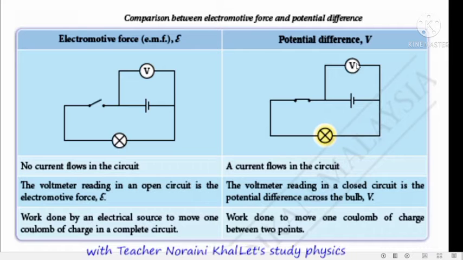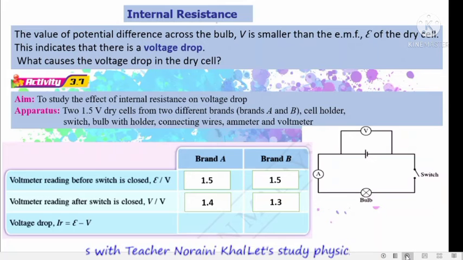Potential difference is the work done to move 1 coulomb of charge between two points. That's the difference: EMF is for the complete circuit, but potential difference refers to the difference between two points in an electric circuit.